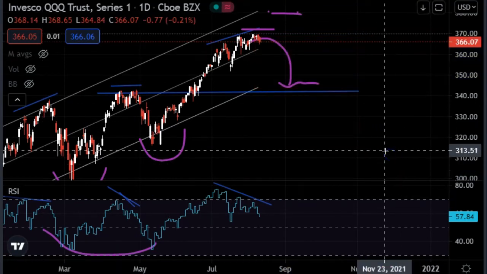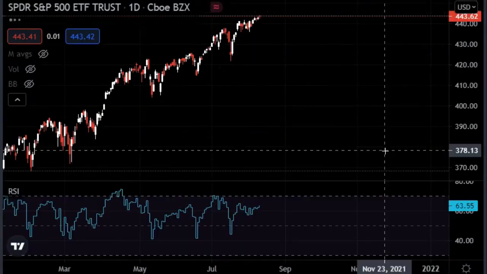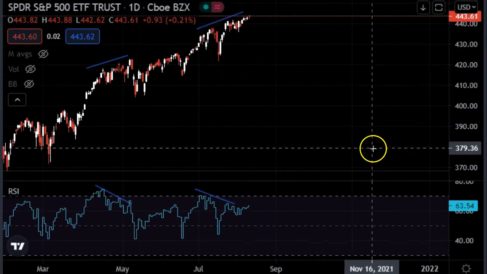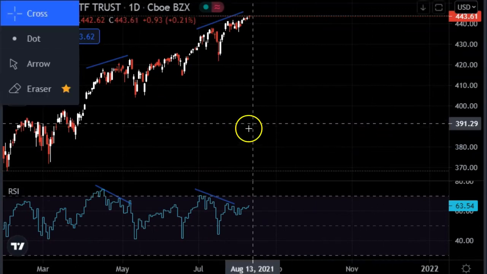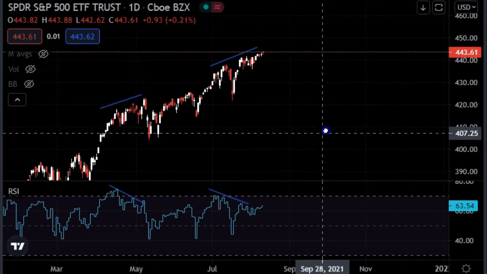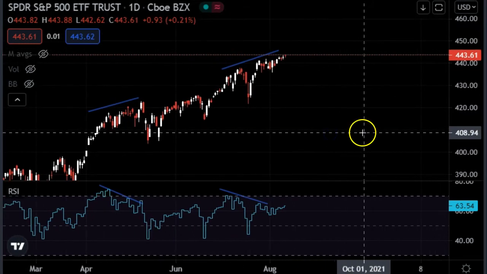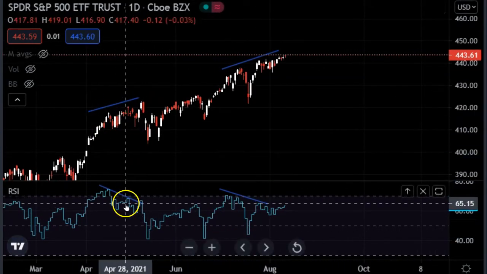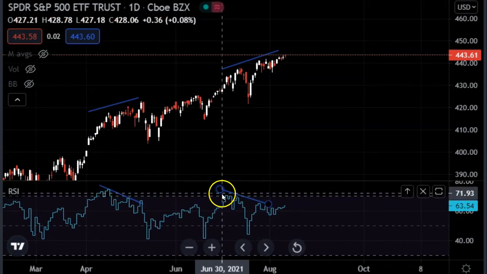Quickly, I'll go over to the S&P 500. Similar situation. Not as weak yet, though. So if you look at the S&P, there is a double divergence. There's divergence here. We've got flat RSI as well.